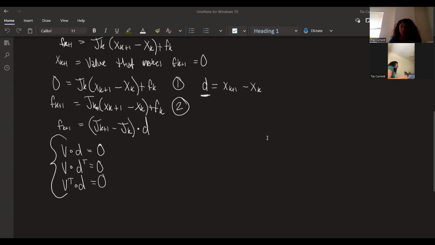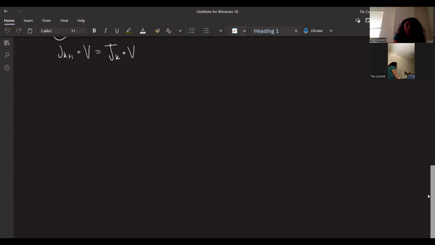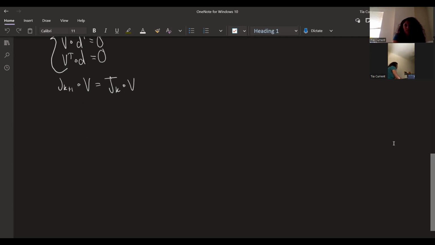And so with this, we're going to have our jk value, jk plus 1 transpose v is equal to the same thing that jk, or not transpose, but dot product v is equal to the same thing. Okay.